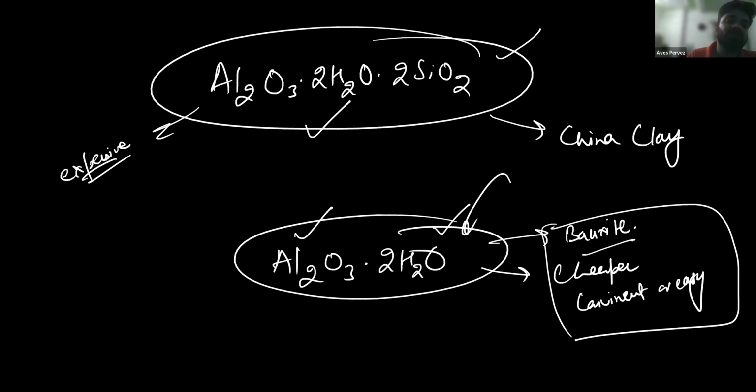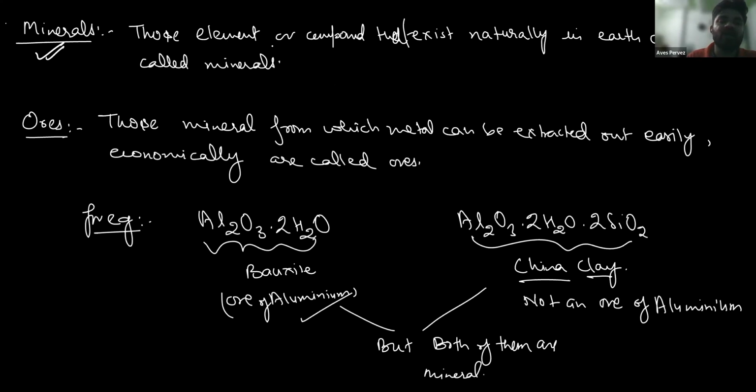So let me explain right now: those elements or compounds that exist naturally in the earth crust are called minerals. And what are ores? Those minerals from which metals can be extracted easily and economically are called ores.